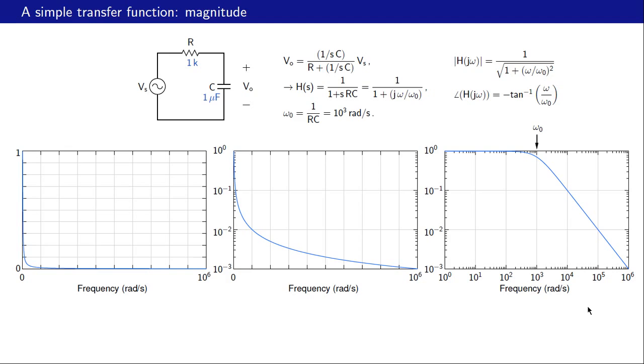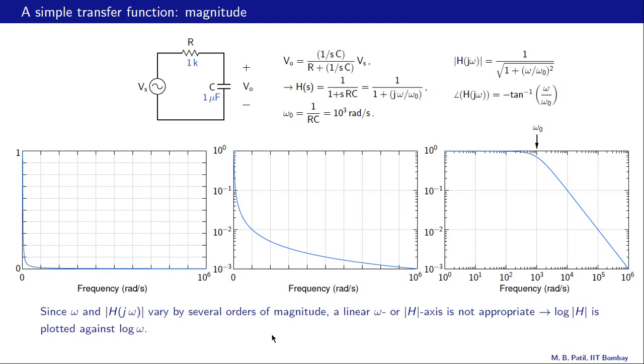So this log-log plot is very useful and is indeed very commonly used in practice. To summarize, since omega and mod h vary by several orders of magnitude each, a linear omega axis or a linear mod h axis is not appropriate, and therefore what is done is log of mod h is plotted against log omega.